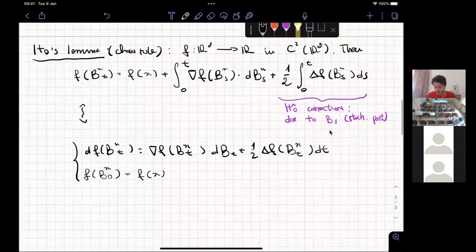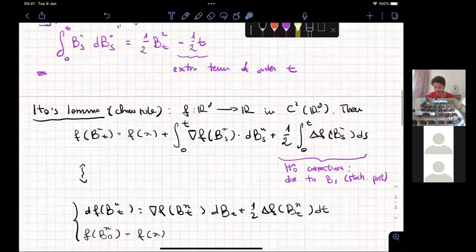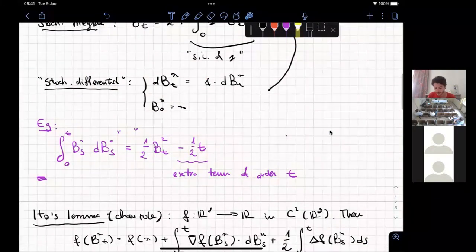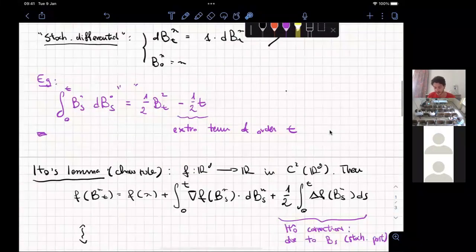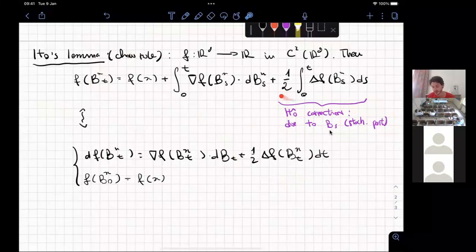So this is the more involved differential notation, a little bit less trivial than this one. Again, this is meant in the integral form. The dt part is just an integral with respect to time in the Lebesgue sense, and here we have the stochastic integral, whatever it means.